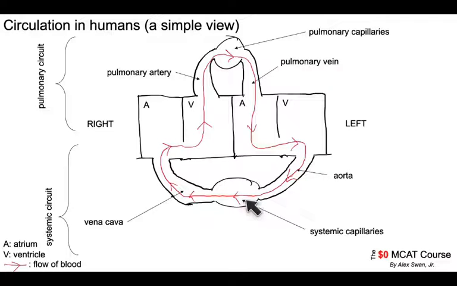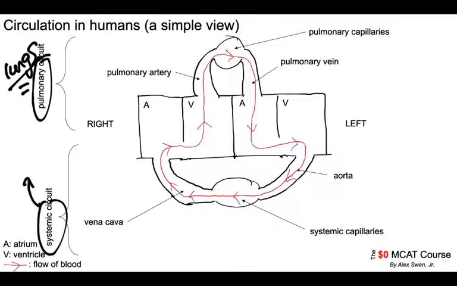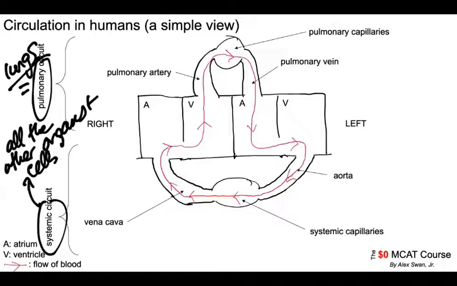It's then going to go into another capillary system, the systemic capillaries, right? Remember we spoke about what the systemic capillaries were. Pretty much anything in the pulmonary circuit has to do with the lungs, right? And anything in the systemic circuit has to do with all the other organs and cells, obviously, except, okay, I apologize for spelling mistakes, except the lungs, right?